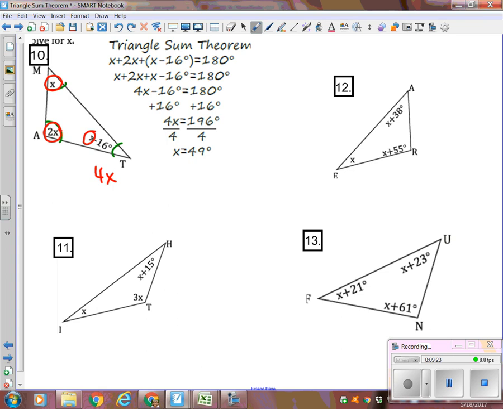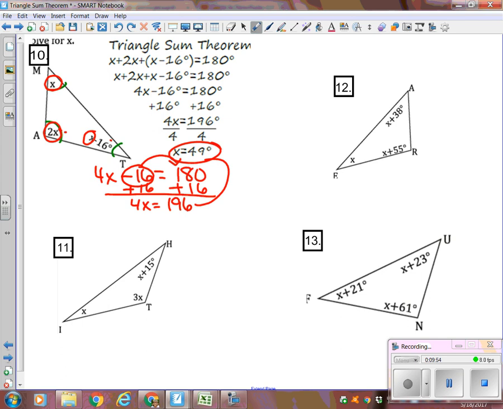I don't have plus anything here or plus anything here, but I do have minus 16 here. So I have added everything together as far as the algebraic expressions. X's were added to x's, and the numbers were added as well. I know that that total should equal 180. And of course, you would solve. I'd move 16 over here, adding 16 to both sides, and I get 4x is equal to 196. And of course, the solution turns out to be 49.